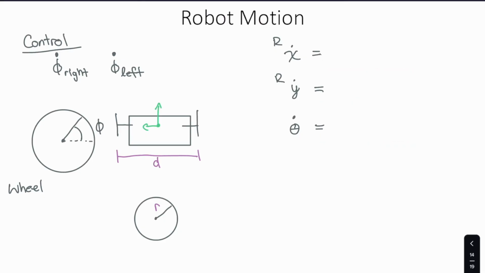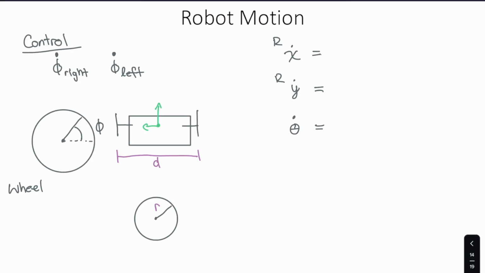It'll be useful for us to think about what actually happens when we apply an angular velocity to the two wheels. So what happens when we do that to x dot? Well, if we apply an angular velocity to this wheel and nothing to the other, the robot will trace out an arc and sort of pivot around that other wheel. So likewise, if we fix the right wheel, we'll pivot around that right wheel and rotate in the opposite direction.